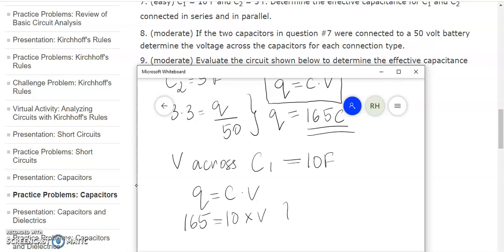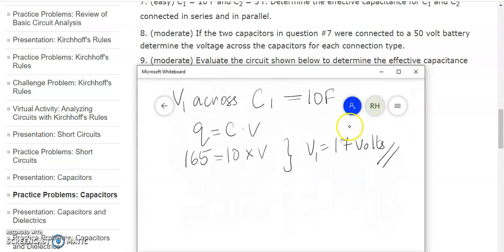So you get your V now, which is 17 volts. And this is your V1 because it is across capacitor 1.